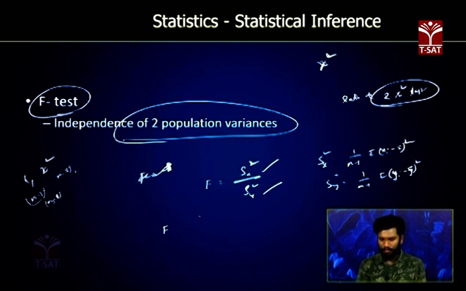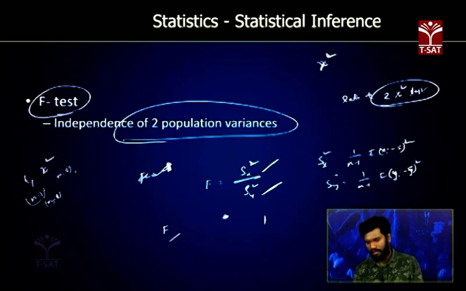But for the F-test we have two sets of degrees of freedom, one for the X population and one for the Y population. That is, F will follow n1 minus 1 comma n2 minus 1 degrees of freedom.